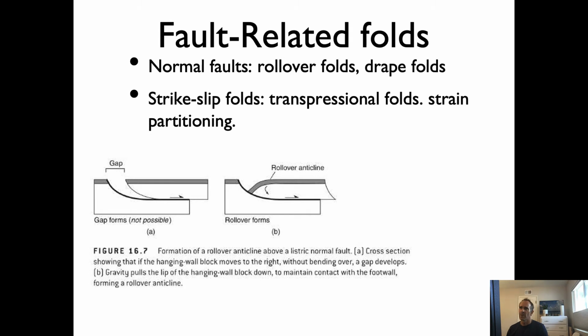So other types of fault-related folds can be found not only in reverse and thrust faults, shortening tectonics, but also in normal faults occasionally. The picture that I show here is a normal fault that shallows out at depth.